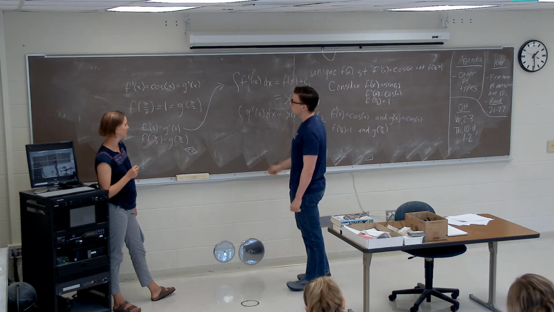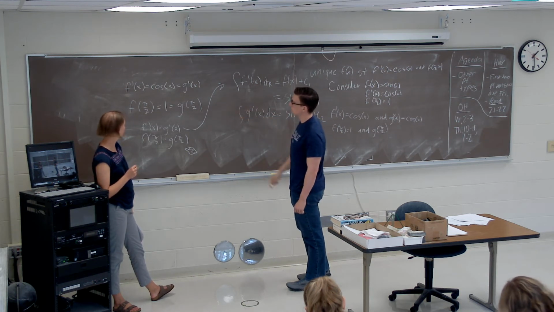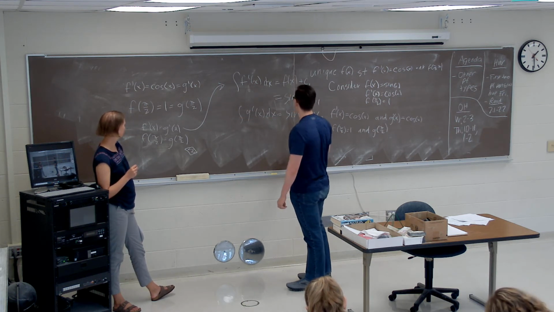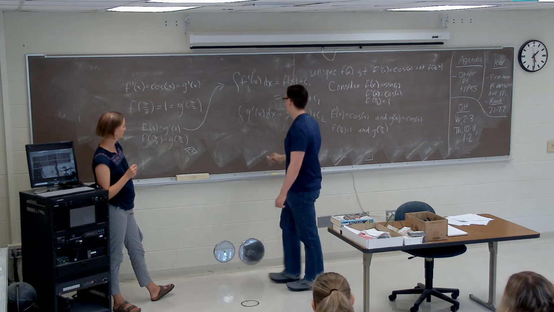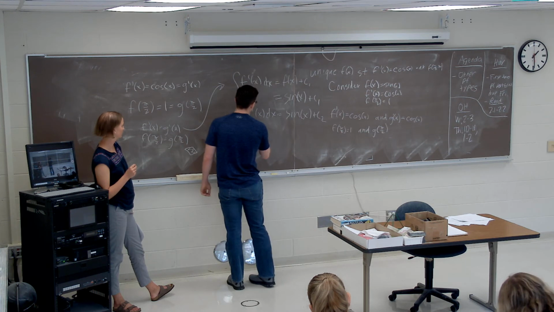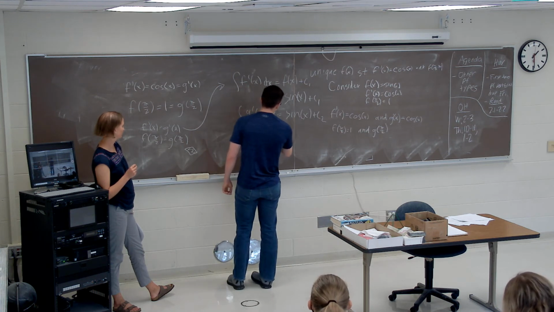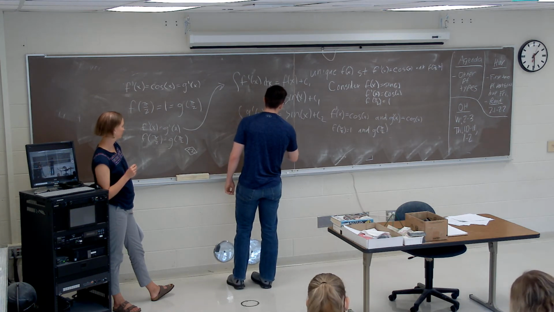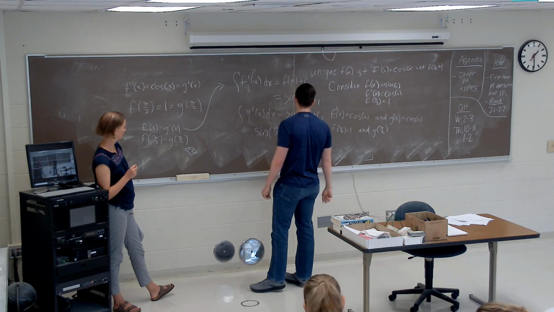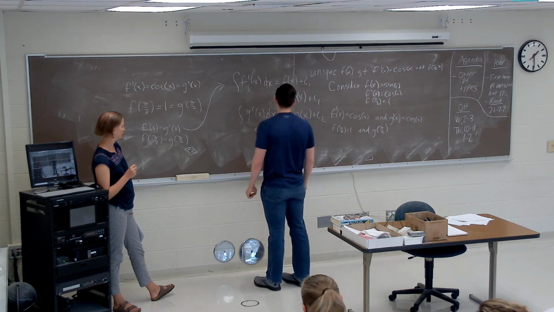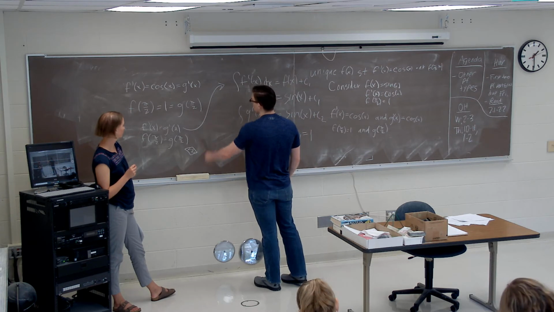Now we know that f of pi over 2 equals 1. So we know that sine of pi over 2 plus c1 equals 1, right? And we know that g of pi over 2 also equals 1.